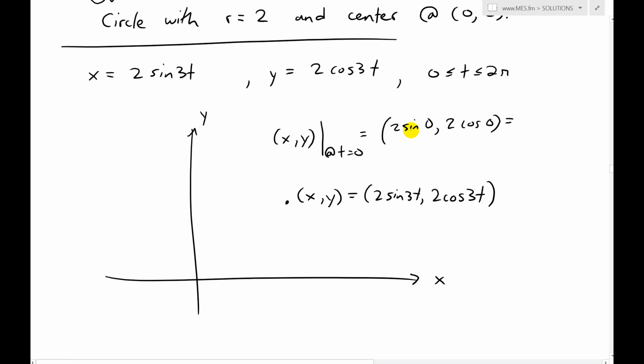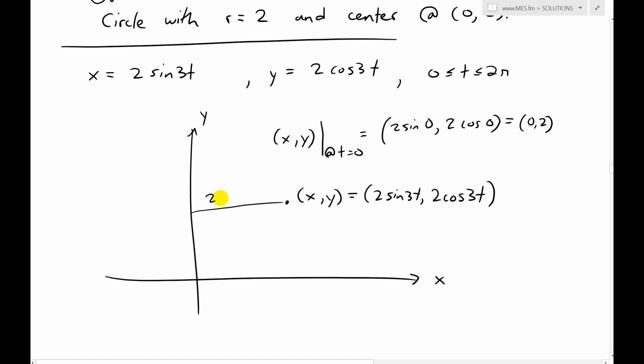And recall that sine 0 is 0, and cosine 0 is 1. So we're going to have 0 and 2 times 1, which is 2. So it's actually going to start off on the y-axis. So what I'll do now is draw a line like this, and this is going to be the x coordinate right here.